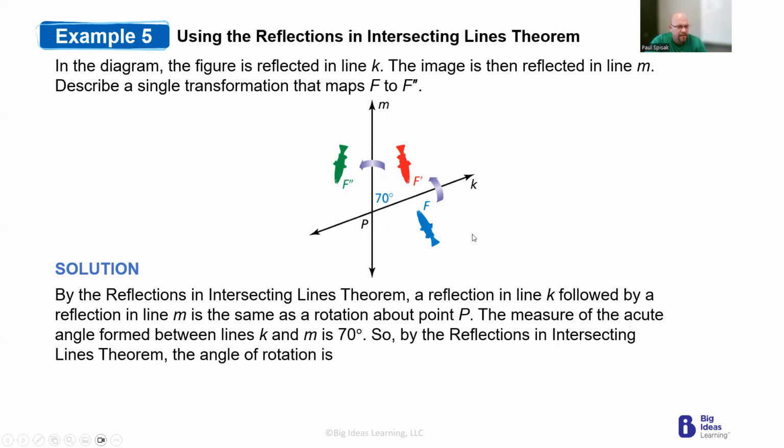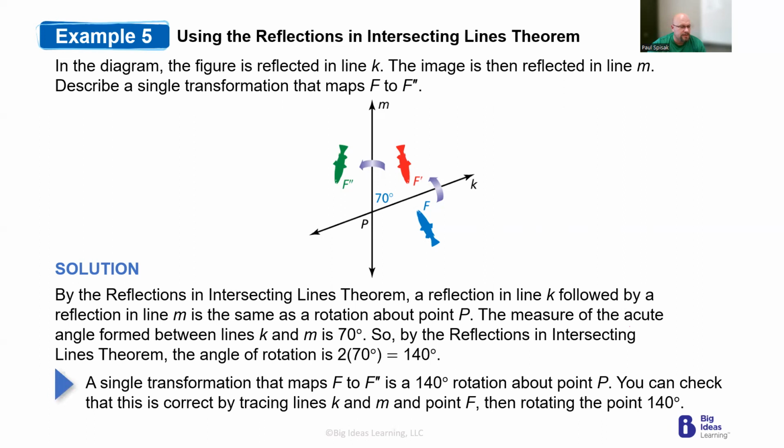So by the Reflections in Intersecting Lines Theorem, the angle of rotation is 2 times 70, which is 140. The single transformation that maps F to F prime is a 140-degree rotation about point P.